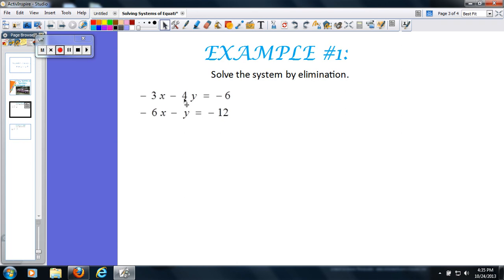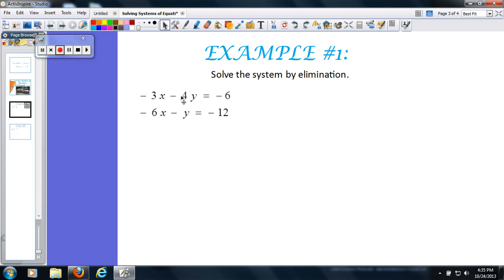I could multiply the second equation by 4 to get 4y, but I don't want to use the y because that's going to give me bigger numbers. I could multiply the first equation by a number to get rid of the x's, so that's what we're going to do.